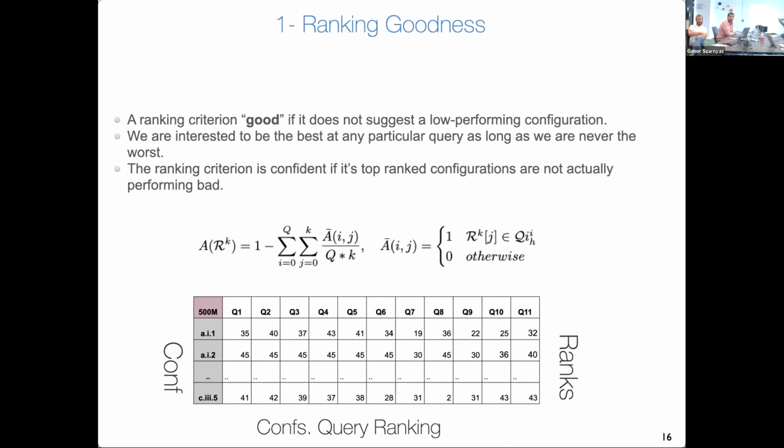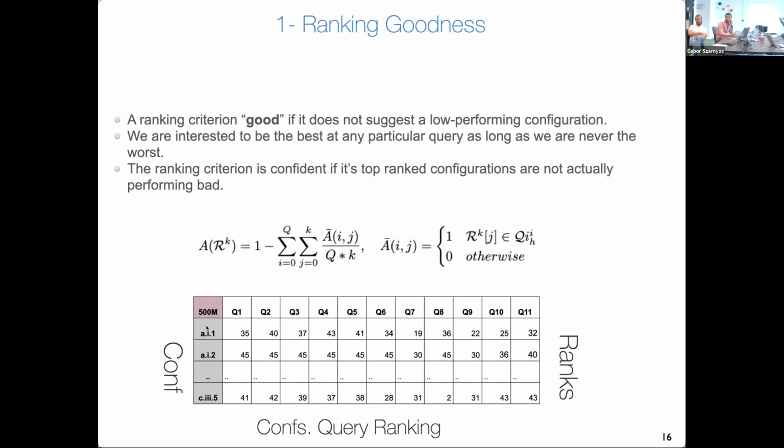The first one is the ranking goodness, or ranking conformance. We state that a ranking criterion is good if it doesn't suggest recommendations that actually perform badly. This is according to the actual query ranking, because for each configuration combination here, we have ranks for the queries.